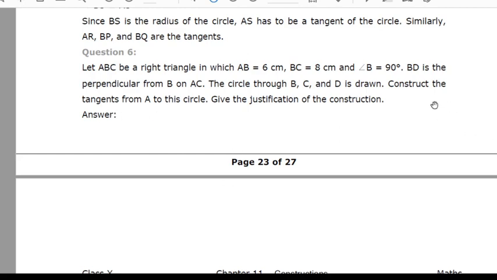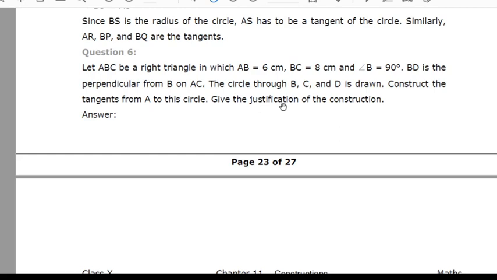Construct the tangent from A to the circle. Here we have drawn right triangle ABC, and BD is the perpendicular from B on AC, and the circle through B, C, D is drawn.